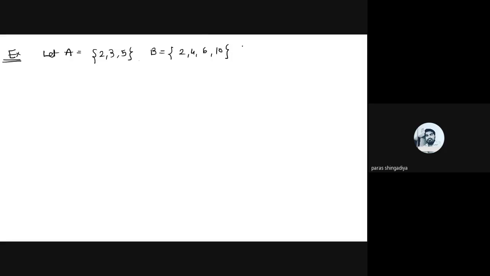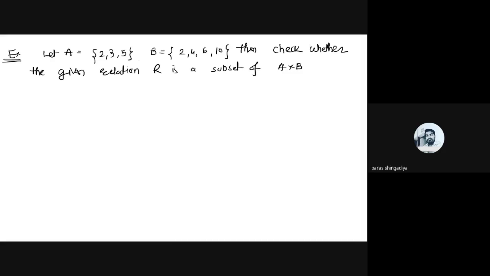Then check whether the given relation R is a subset of A cross B, by writing them as ordered pairs.